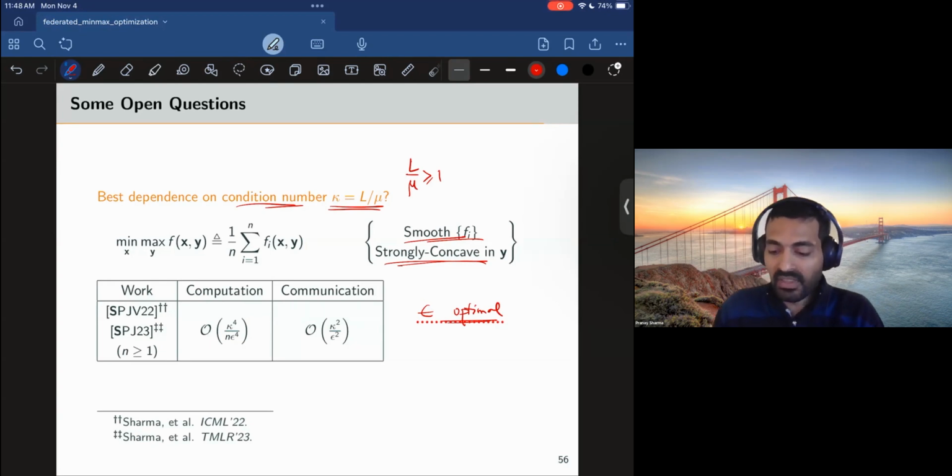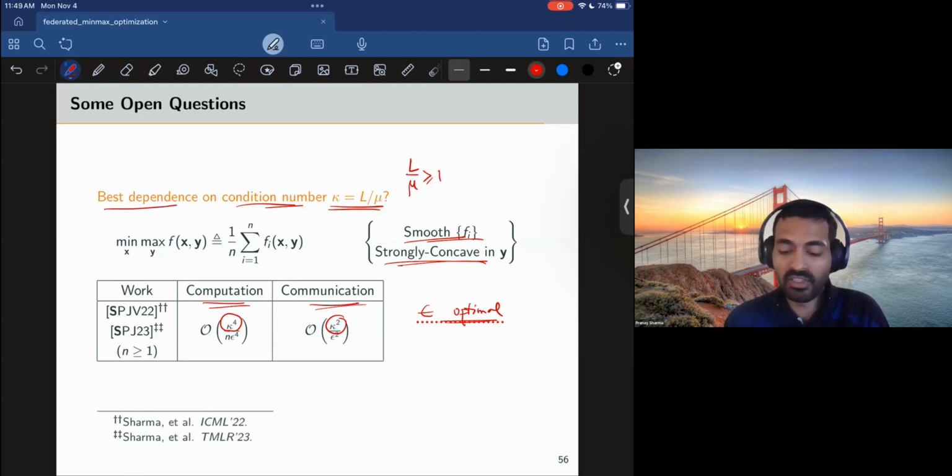Now it turns out that in the complexity for this class of problems, the condition number also appears. Specifically, we get kappa to the 4 for computation complexity and kappa squared for communication complexity. So far, it is not known what is the best possible dependence on condition number.